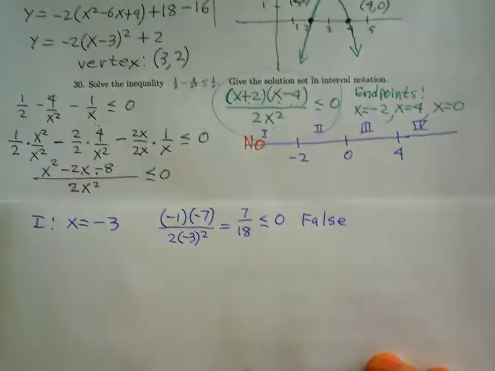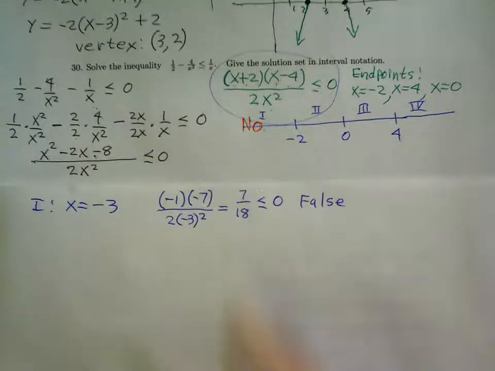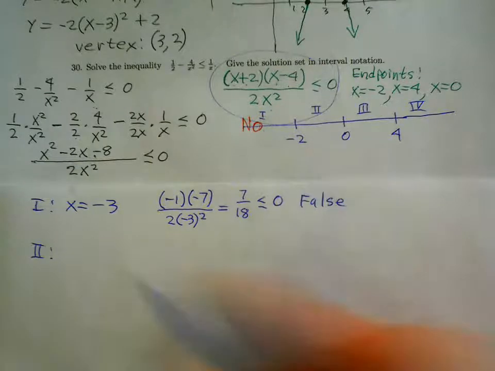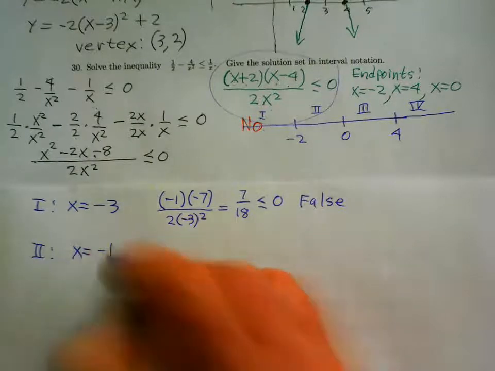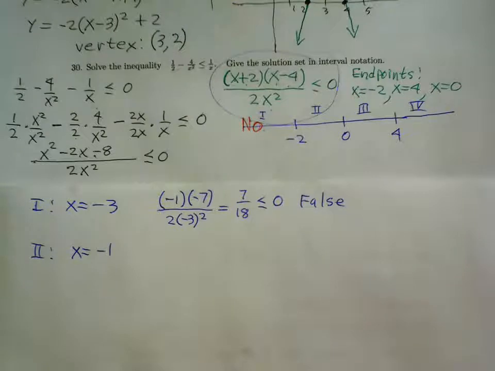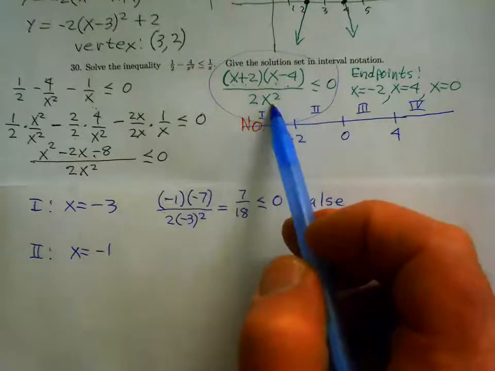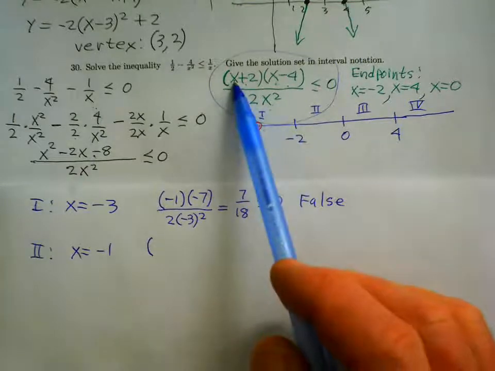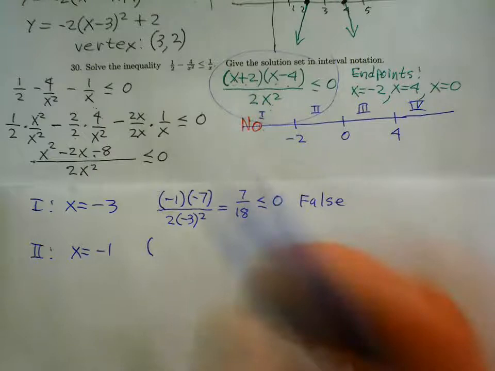In the second interval, pick a number between -2 and 0, so I'll pick -1. And then in the factored form of the inequality, in this factor x plus 2, -1 plus 2 is +1.